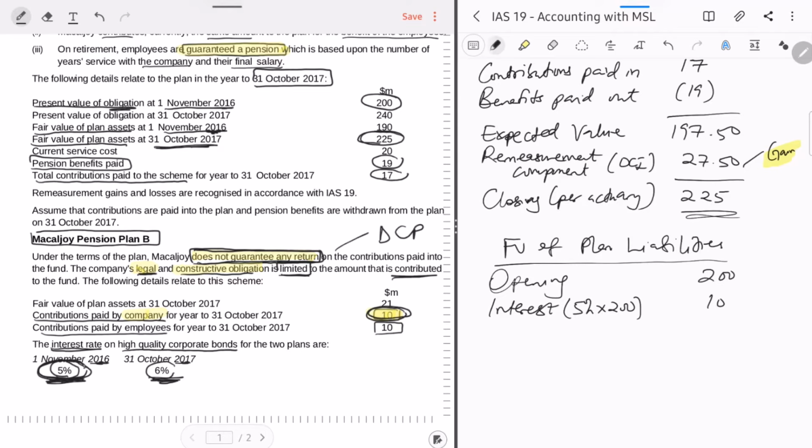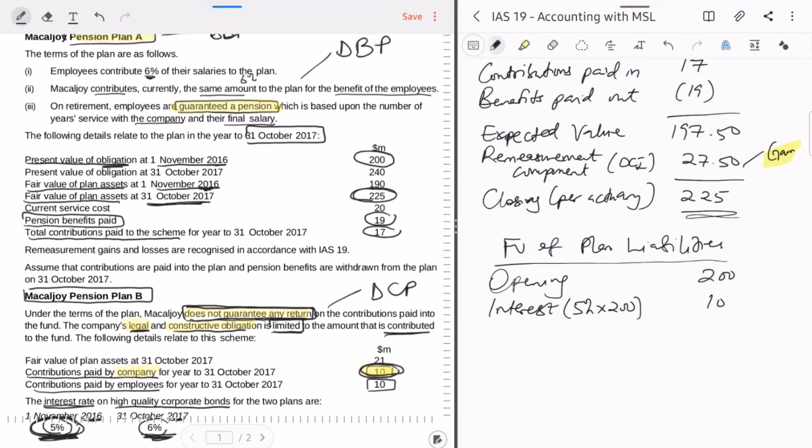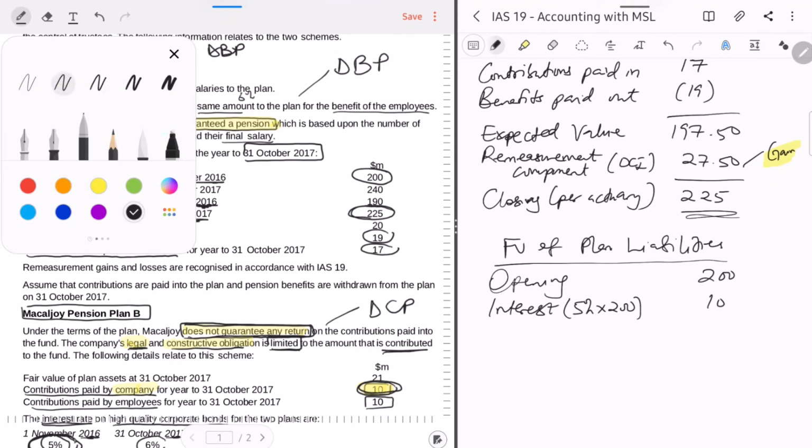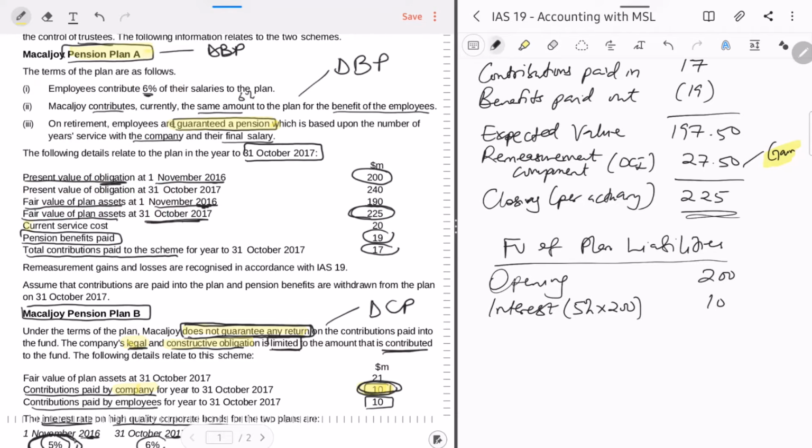Then what's the next thing I told you add? Remember, you add your service costs. So let's go through the question and see service costs that they gave us. Good. Can you see here? We are told current service cost is what? 20. We don't have any past service cost in this question, so we can just move on. We just say current, but take note, if you had past service cost, you'd have added it, right?